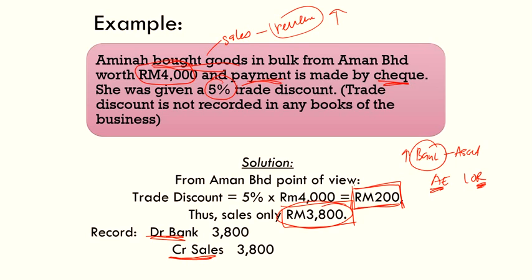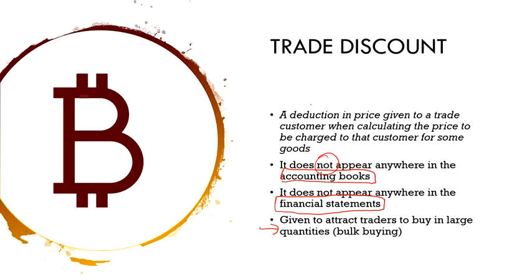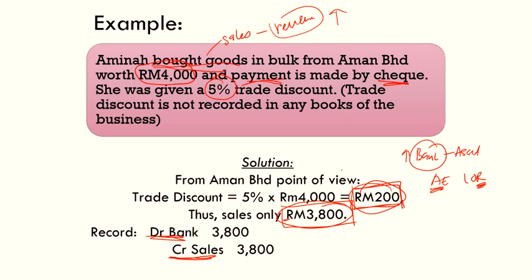So trade discount tu RM200 ni kita tak akan record di mana-mana, sebab kita terus direct terus tolak. Okay, kita terus tolak dekat selling price tu. Ni lah, the deduction in price given to a trade customer when calculating the price to be charged. Sebab tu kita tak akan record kat mana-mana accounting book, right? So kalau you nampak dalam soalan trade discount, inilah yang you all kena buat.